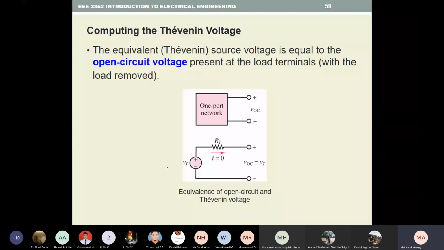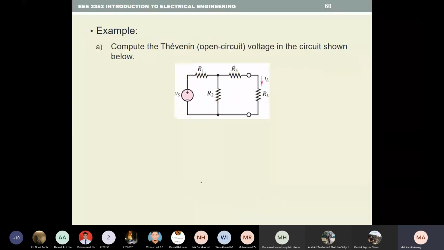If you want to calculate the Thevenin voltage, the equivalent Thevenin source voltage is equal to the open circuit voltage. So for the circuit just now, you calculate the open circuit voltage present at the load terminal with the load removed. Example: compute the Thevenin voltage in the circuit shown below.